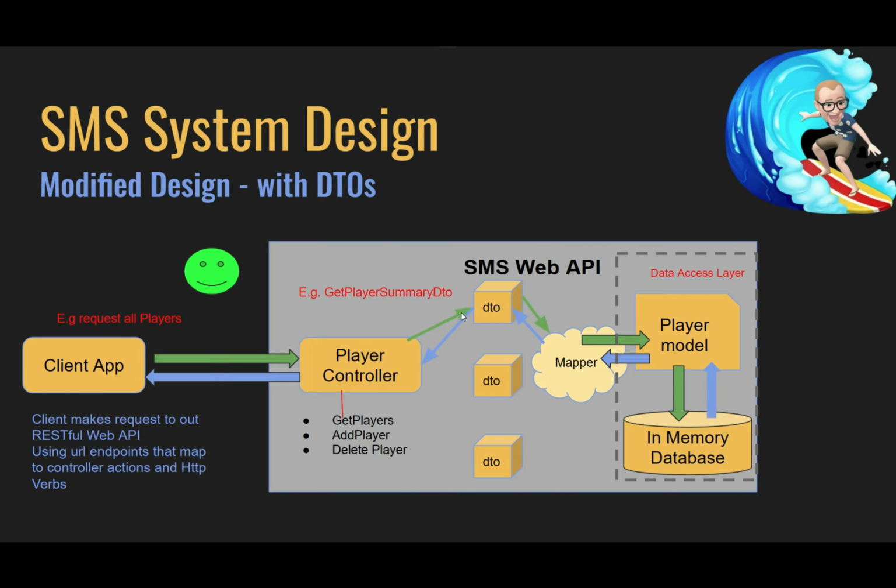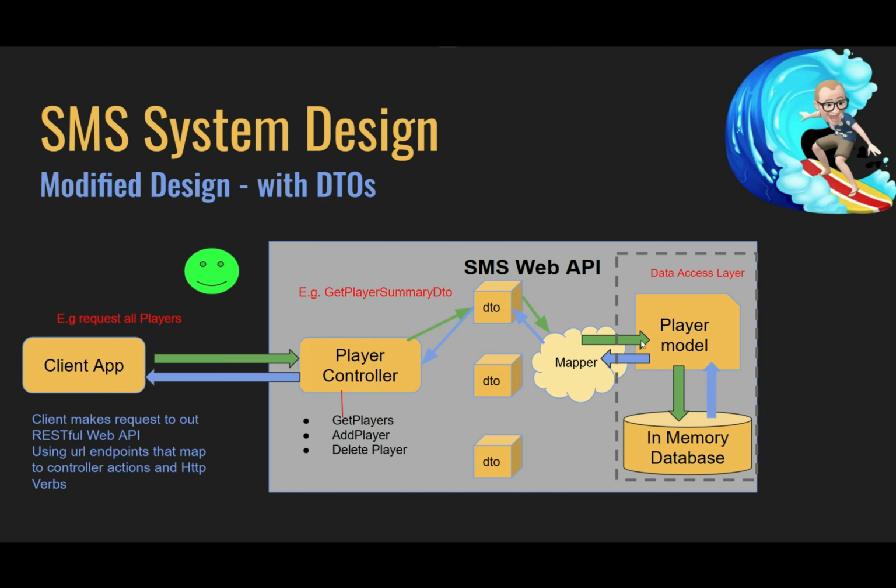The same thing can also happen with post requests. A client can post in a request, but this time they're posting in, rather than a player, an add player DTO. That comes in here. Say this was that DTO.